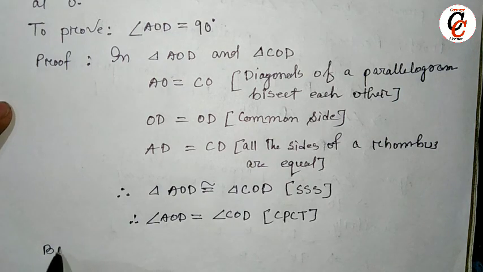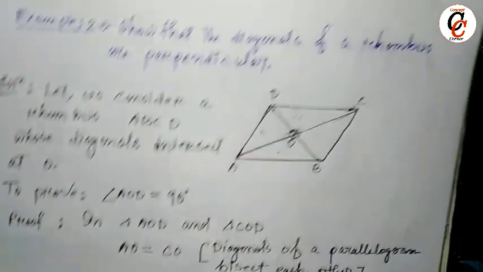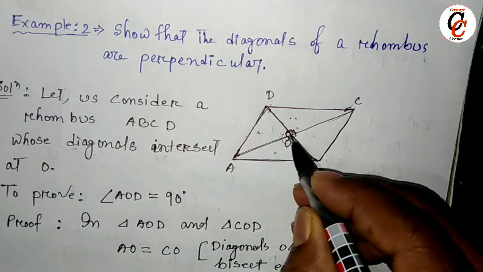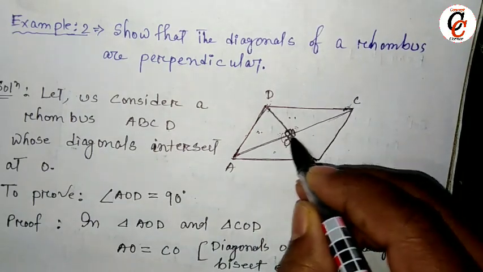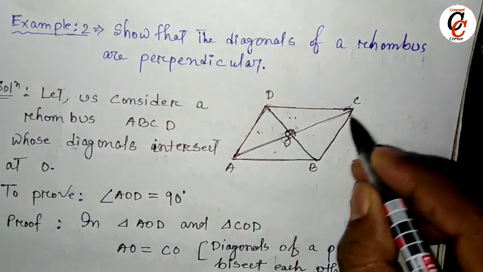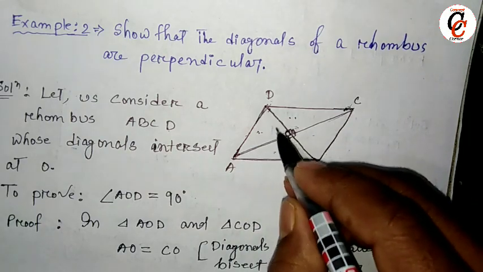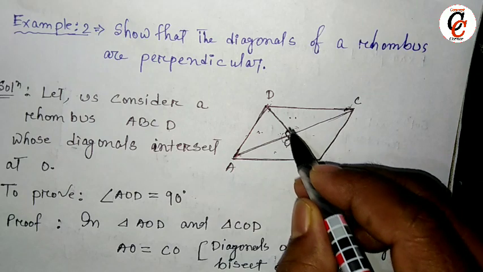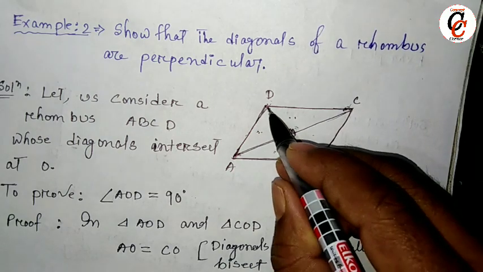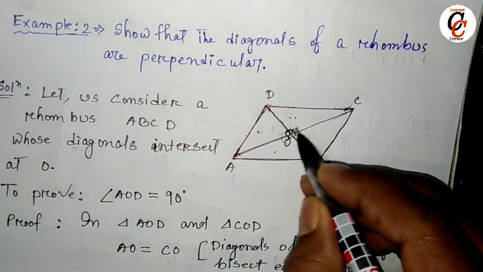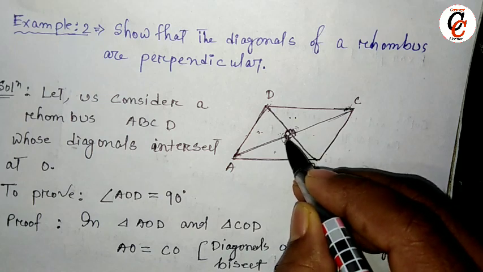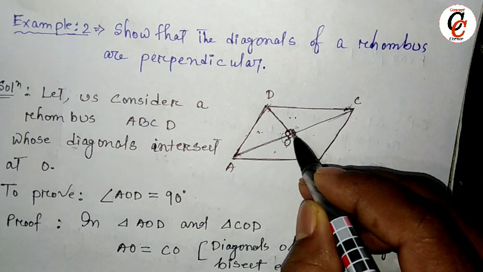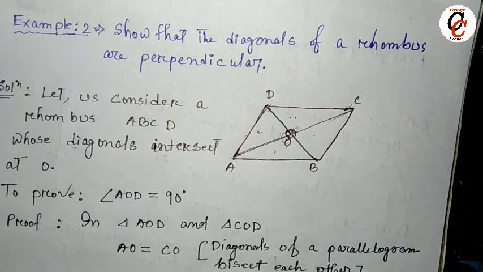But you see, angle AOD and angle COD are on the same line AC. That means they are two angles on the same line AC at the same vertex with a common arm, so they are called a linear pair. Linear pair angles always make 180 degrees together.